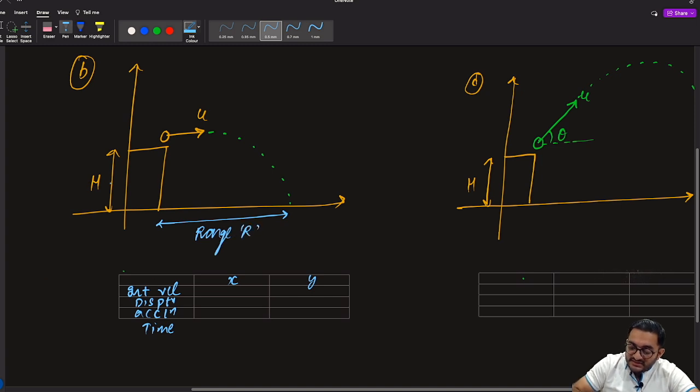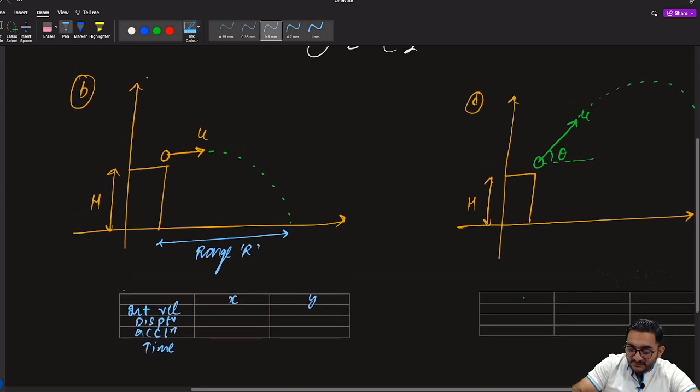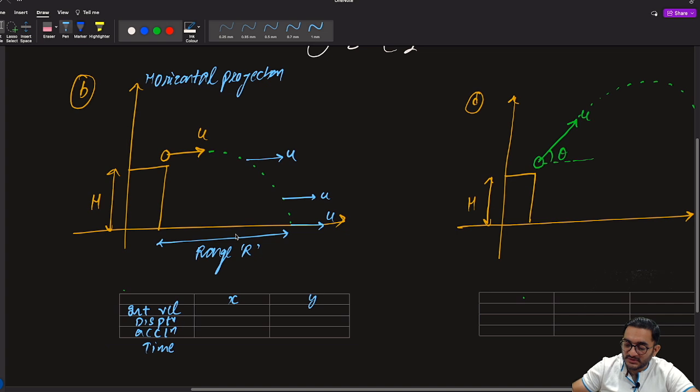You can say the height of the cliff has been given as h. Be very careful, it is a case of horizontal projection. Usually in the numerical you will read this term, that it is a case of horizontal projection. We need to understand that because air resistance is negligible, my velocity on the x-axis is not going to change.